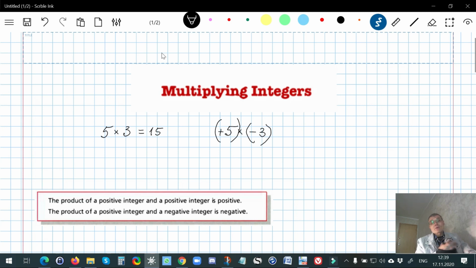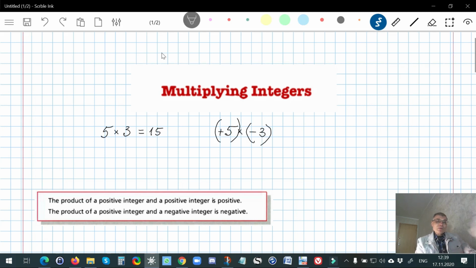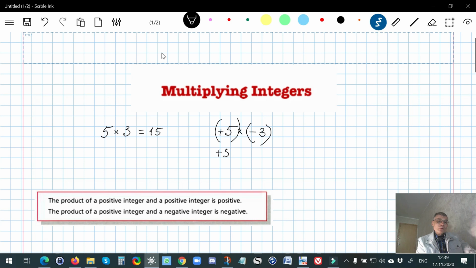But then we'll remove the parentheses. Let us write all possible combinations of the signs. This is similar to the original problem where we didn't write any signs at all. When we don't write a sign, it means that the sign is positive. So in this case, we know the answer is just positive 15.